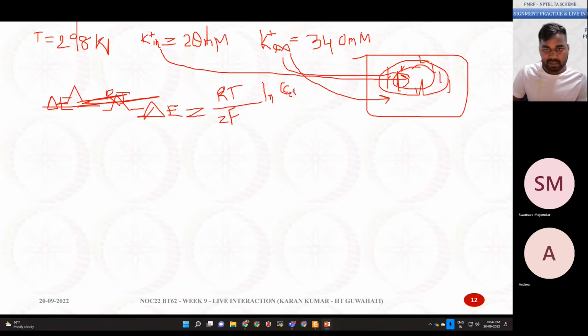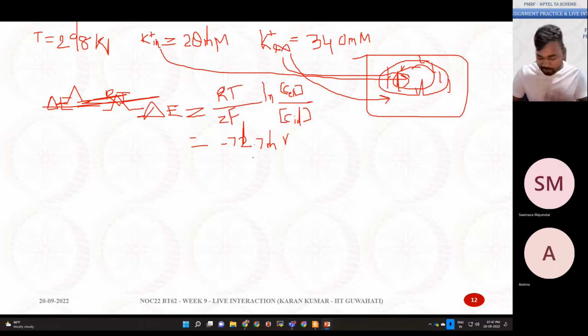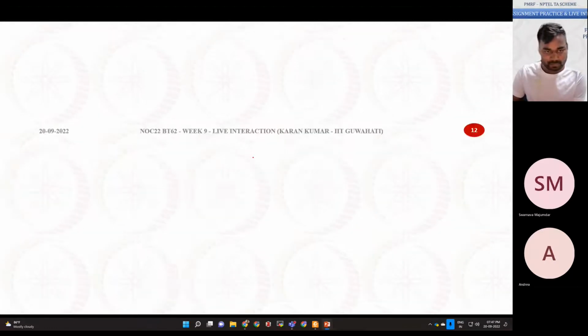Why external? Because now you have to change the sign, right? And this will also give you the same result, which will be minus 72.7 millivolt.